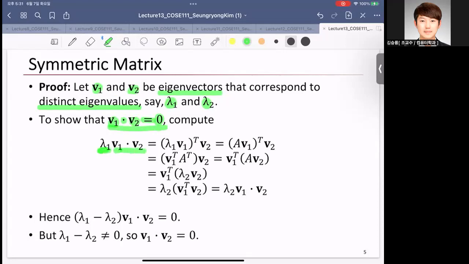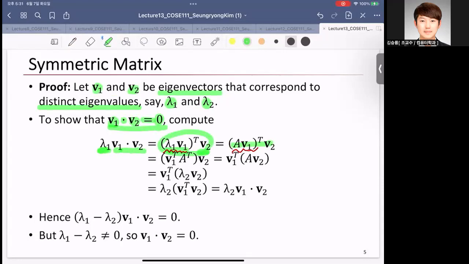It's going to be λ1 V1 transpose V2 by the properties of the inner product. Then, because these are eigenvalues and eigenvectors, λ1 V1 is going to be A V1. This is just the definition. Then (A V1) transpose V2.